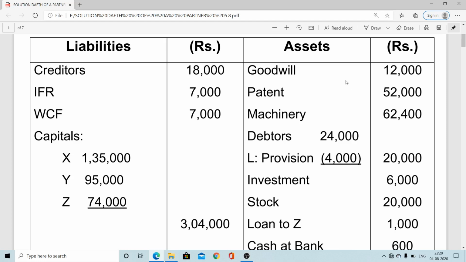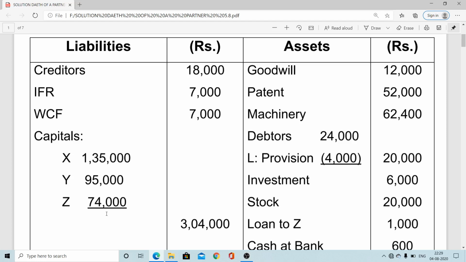The first step is to cancel the goodwill by passing a reverse entry. So this is a debit and these are all credits. What will be the reverse entry? All the partners' capital accounts will be debited and goodwill will be credited. That is called the cancellation, or elimination, entry.